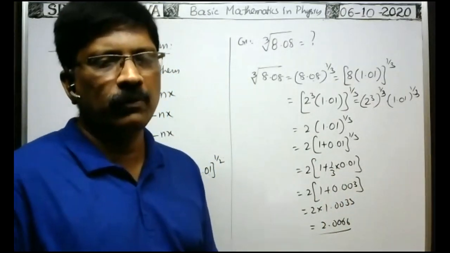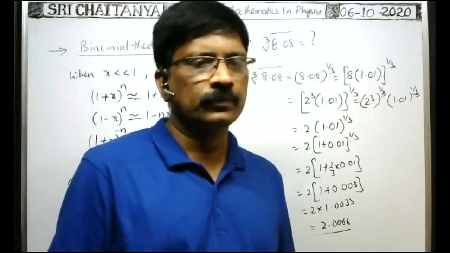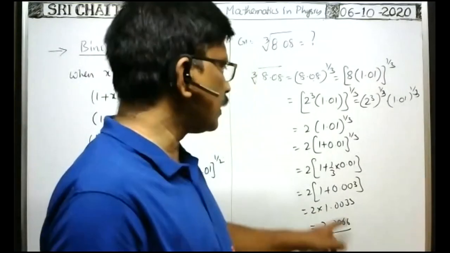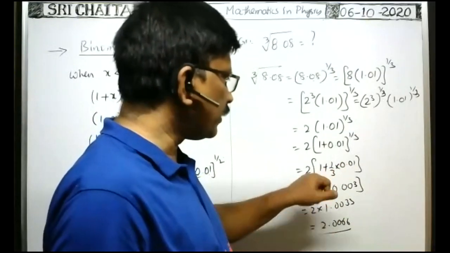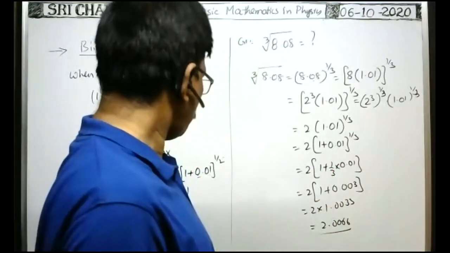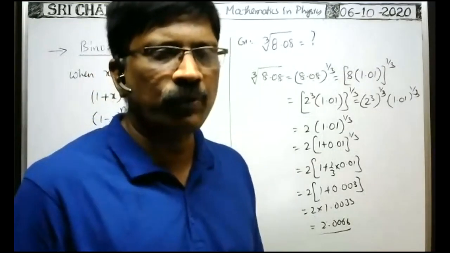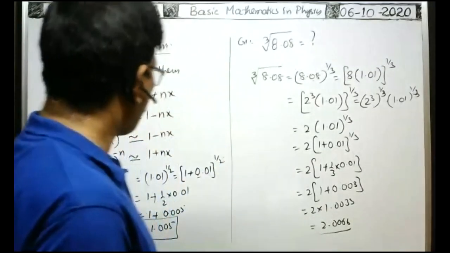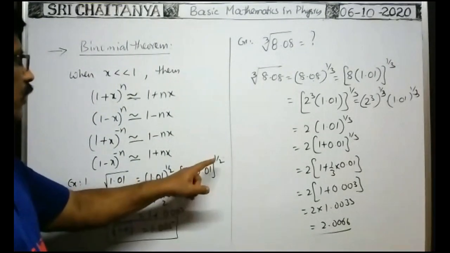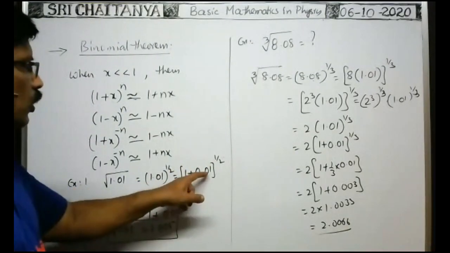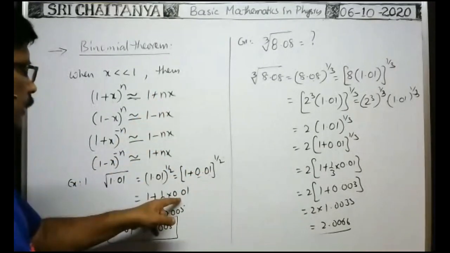Santosh, which point you need? How 0.005 means you divide this 0.01 with 3. Where is 0.005 you need? You see, 1 plus 0.01 whole to the power of half means 1 plus 1 by 2 into 0.01 according to binomial expansion.